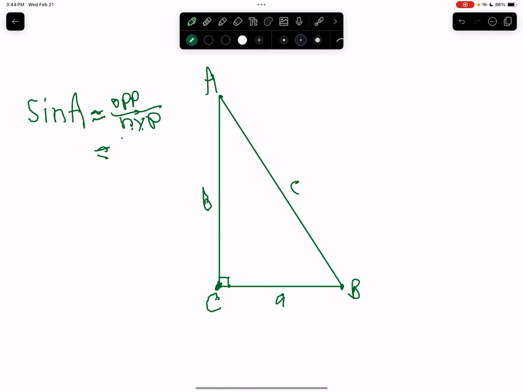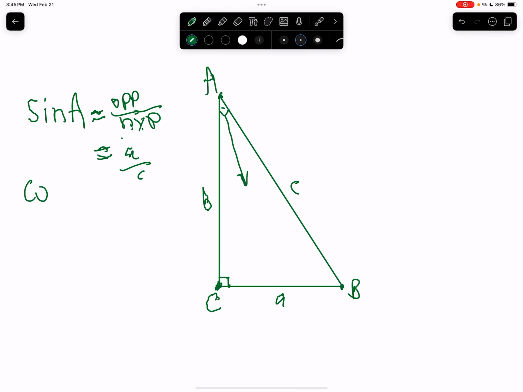And in this case, that's going to be equal to the lowercase letter opposite angle A. So if we're standing at angle A and the A is to our back and we're looking out into space, the opposite side in this triangle for us to angle A is side A. So opposite, and then the fraction, and on the bottom is the hypotenuse, which is the longest side, which is the little c. So the sine of angle A is equal to side A over side C.